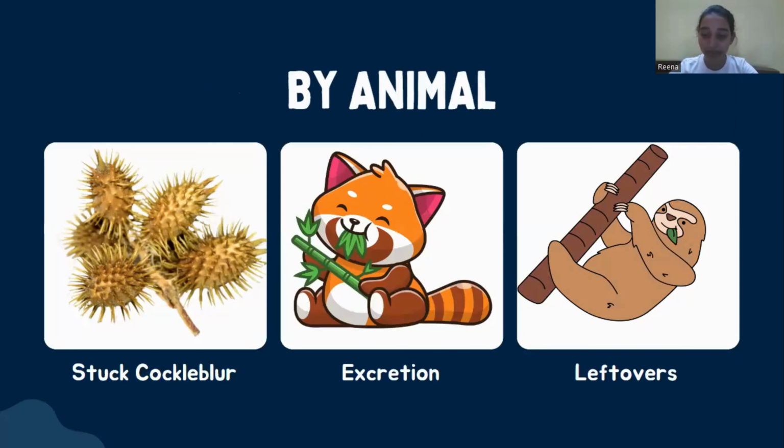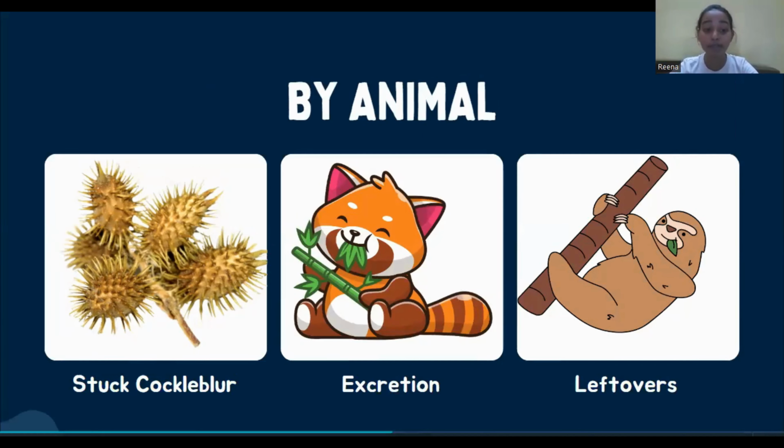Now, by animal, you might be thinking, how can it possibly happen by animal? So guys, let me explain. There are 3 ways that happen by animals. First is the stuck cockle burr. You can see this is the type of plant; when animals come to a certain place where there is cockle burr, okay, you can note down the spelling, when they come near it, it sticks to their body.